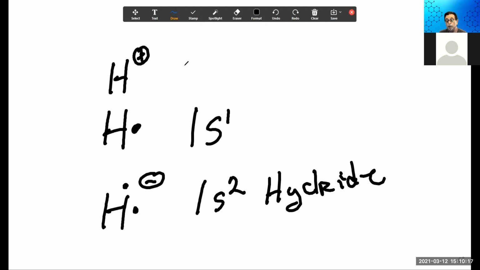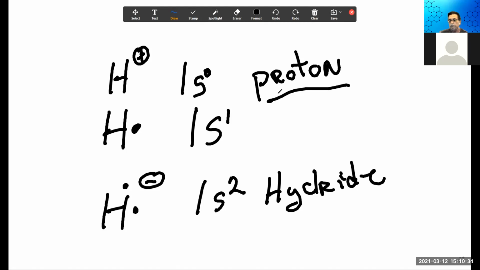And that 1s1 orbital is now empty, with no electron in there, just a proton, giving us a plus charge on the hydrogen. This has a very specific name. We call that a proton. It's nothing more than the hydrogen atom that has lost its electron.